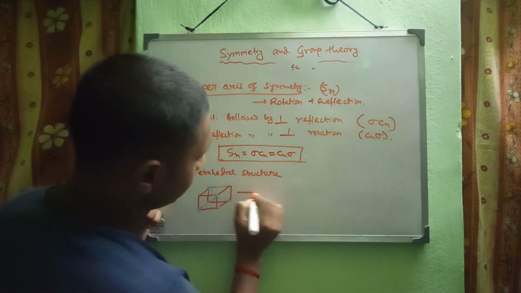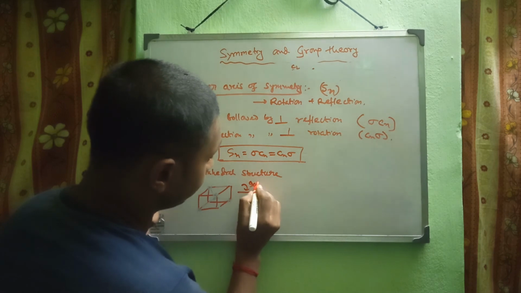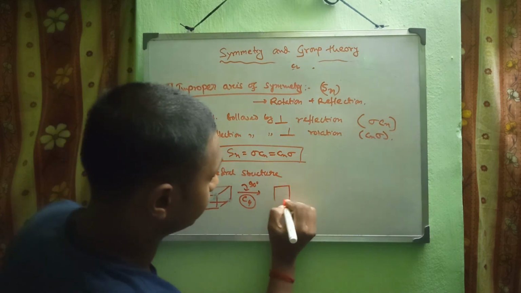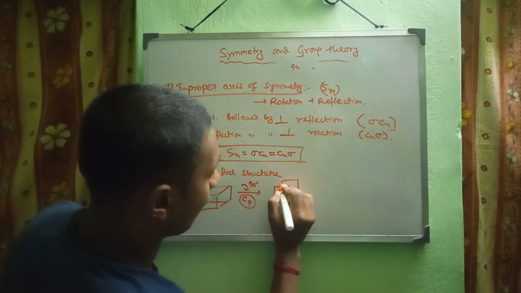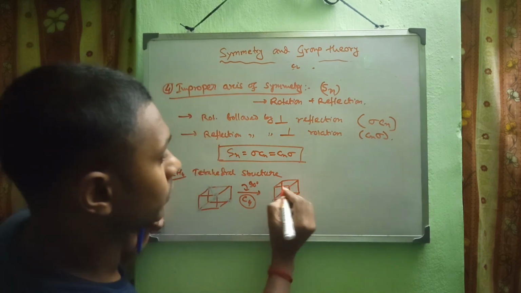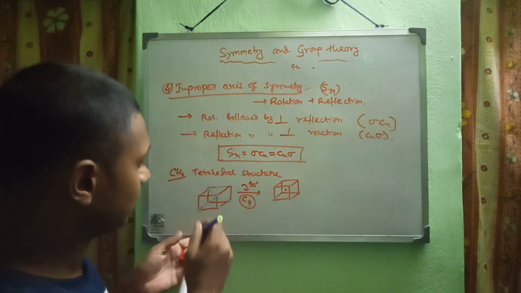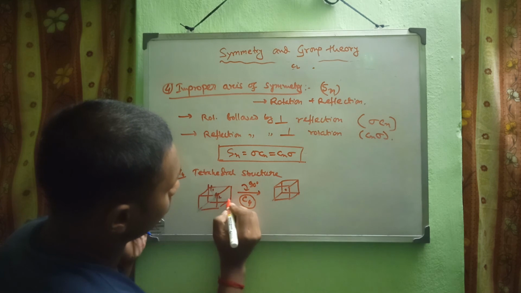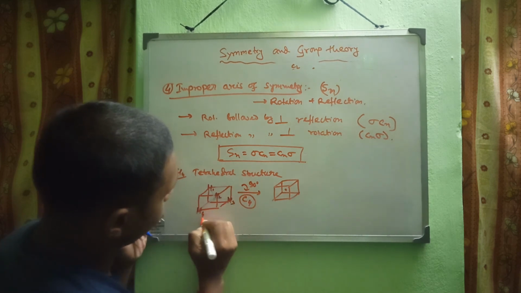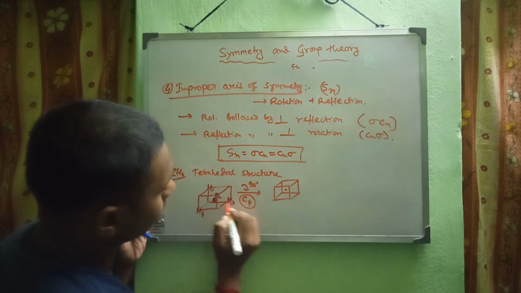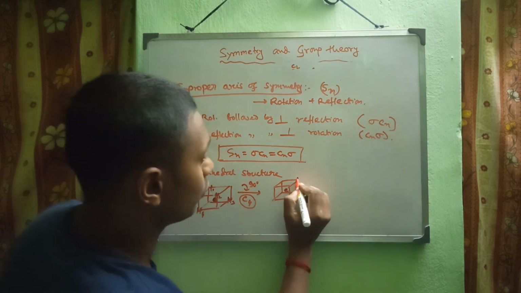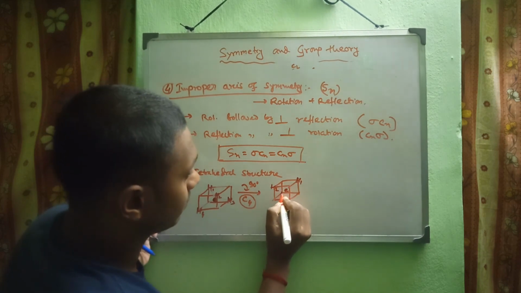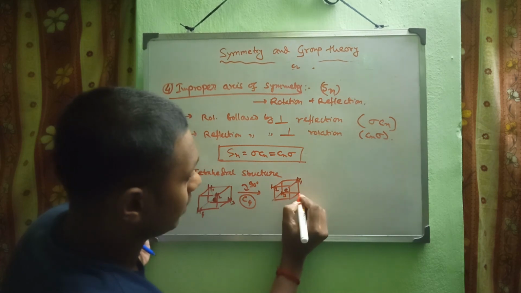Now if we rotate the molecule by a 90-degree angle, it has a C4 axis of symmetry. So what do we get? If we label these as H1, H2, H3, H4, this is the carbon. The H1 will be here, H2 will be here, H3 will be here, and H4 will be here.